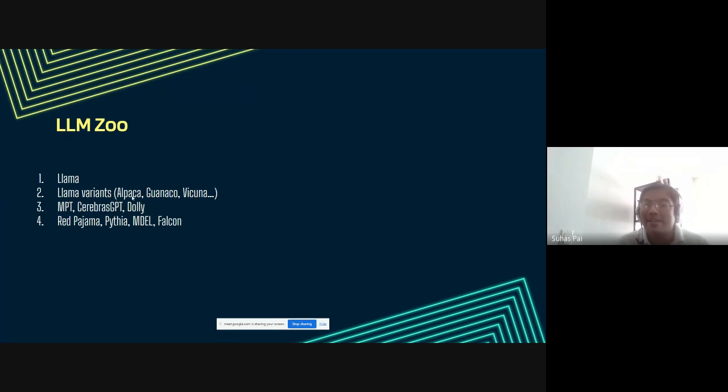Then you have the LLaMA variants. Alpaca is taking LLaMA and augmenting it with an instruction tuning data set, and these differ in the way they do it. Alpaca comes from ChatGPT-generated instruction tuning.